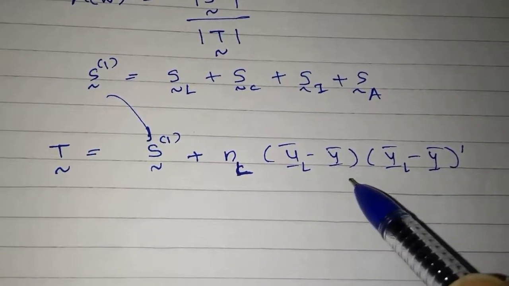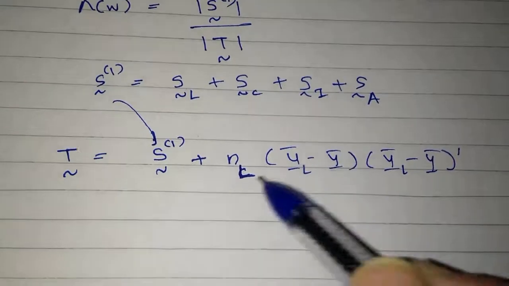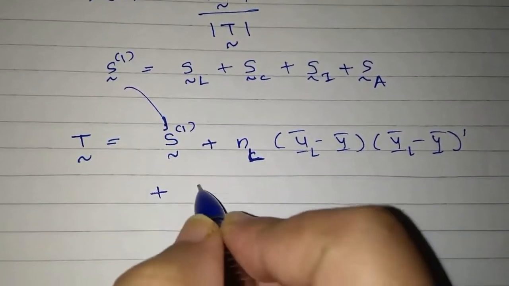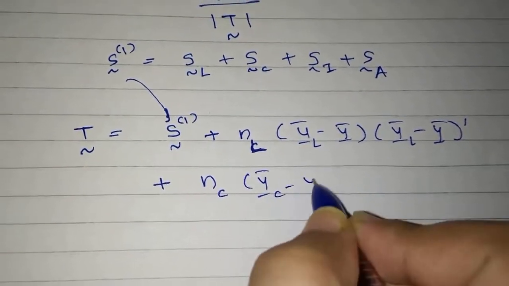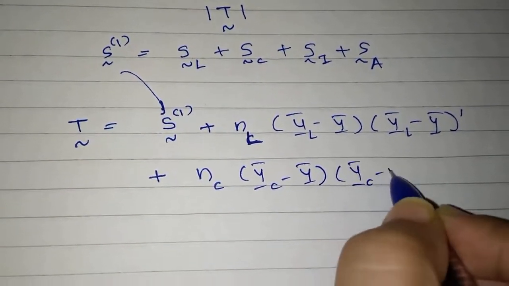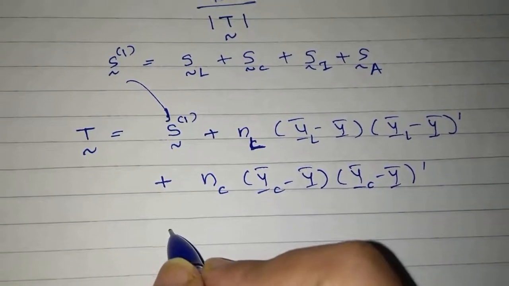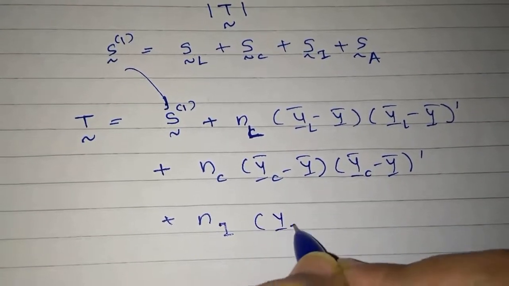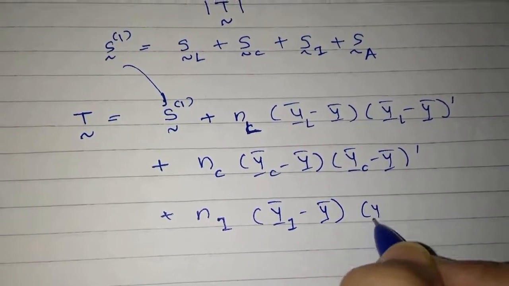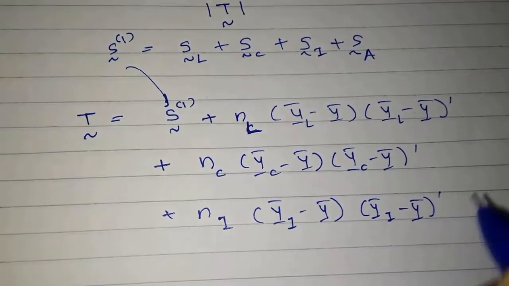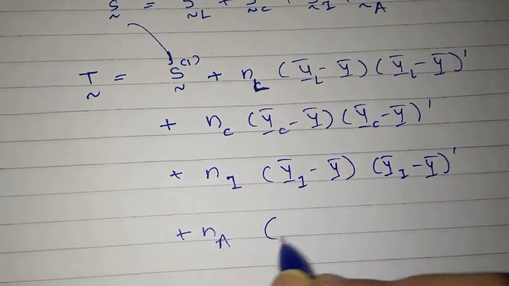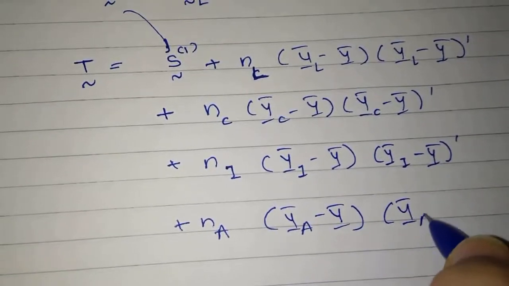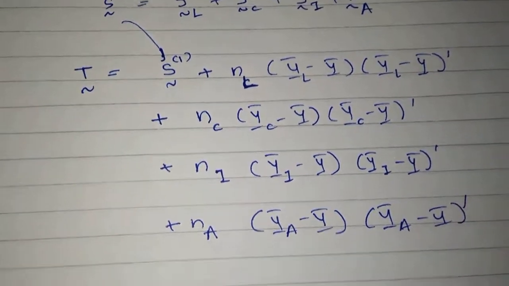So we take YL bar minus Y bar into YL bar minus Y bar prime, and multiply by the number of observations from the first site, plus NC YC bar minus Y bar, YC bar minus Y bar prime, plus NI YI bar minus Y bar into YI bar minus Y bar prime, plus NA YA bar minus Y bar into YA bar minus Y bar prime.